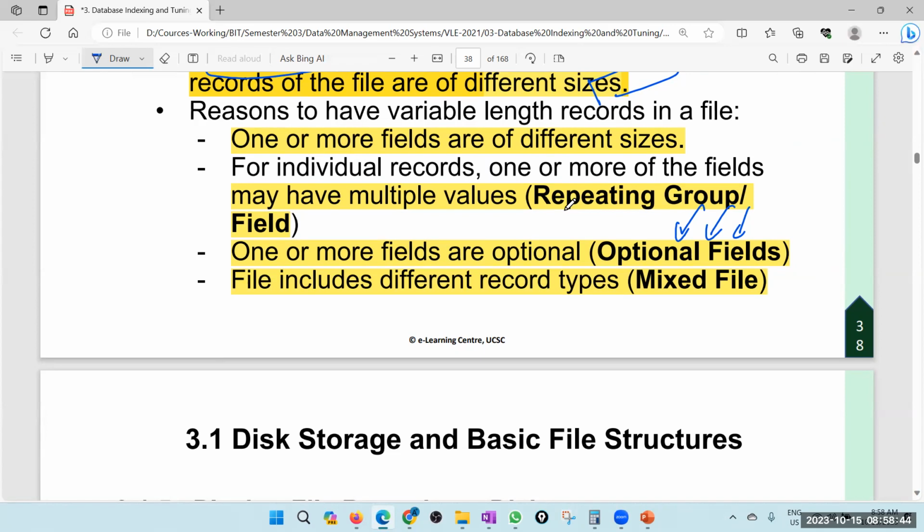But if you have a lot of optional fields, it can waste a lot of storage if you go for fixed length. Okay, so those are the things we have to consider when deciding whether to go for fixed width records or variable length records. Okay, and also you may have mixed approaches as well in certain cases.